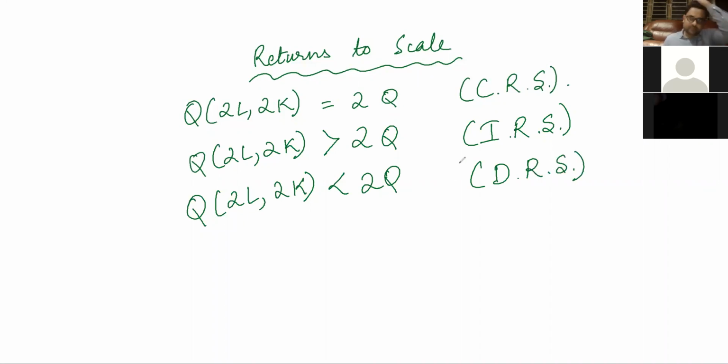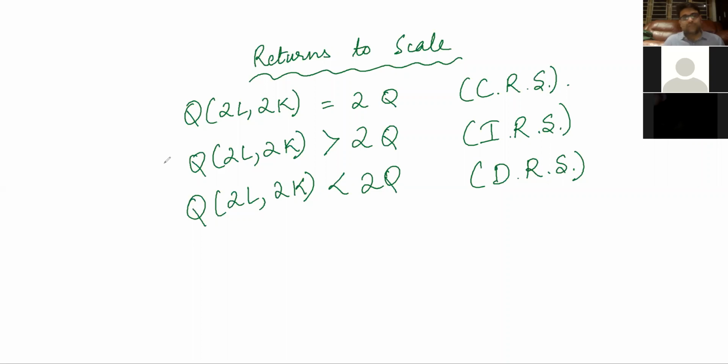Any homogeneous function of degree 1 will have constant returns to scale. If the homogeneous function has a higher degree than 1, then it will be increasing. Lower than 1, then it will be decreasing.